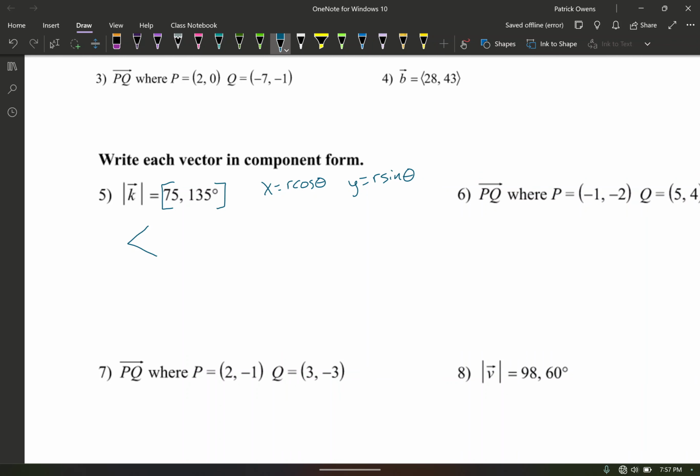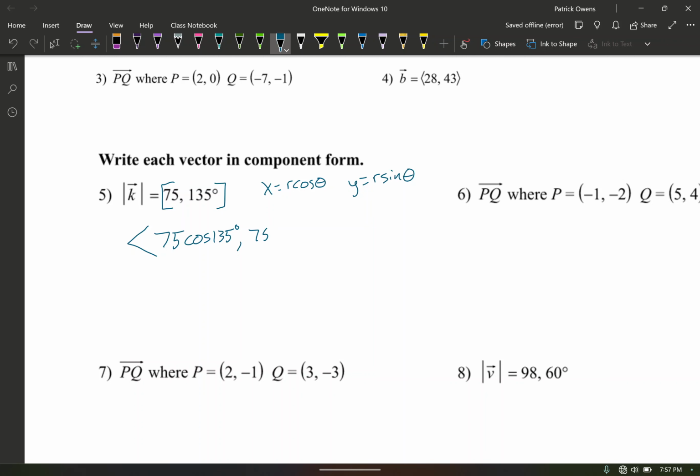So we've got our x component is 75 cosine of 135 degrees. And with vectors, unlike with our complex and polar, we are going to be working in degrees, not radians. So make sure to switch your Desmos and switch your calculator for that.